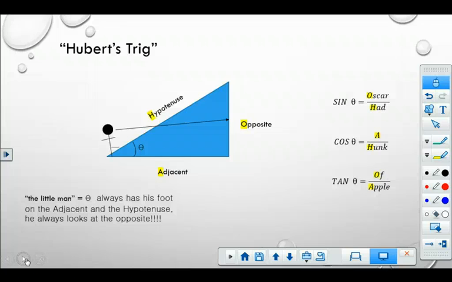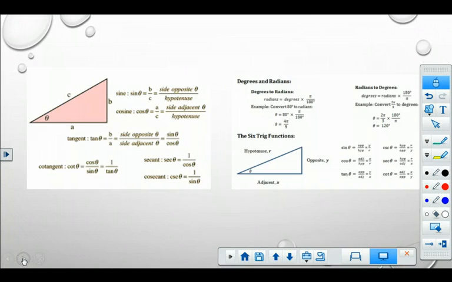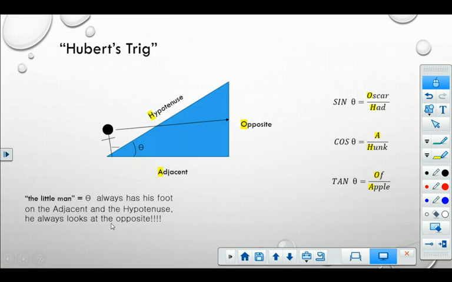But if they ask you to move theta and put it somewhere else, then you remember the little man has his foot always on the hypotenuse and the adjacent. Therefore, you always know where the opposite is. And that's very important, especially when they change theta on you. Okay, because theta is not always going to be the same. You'll see others like this, and that's normal.